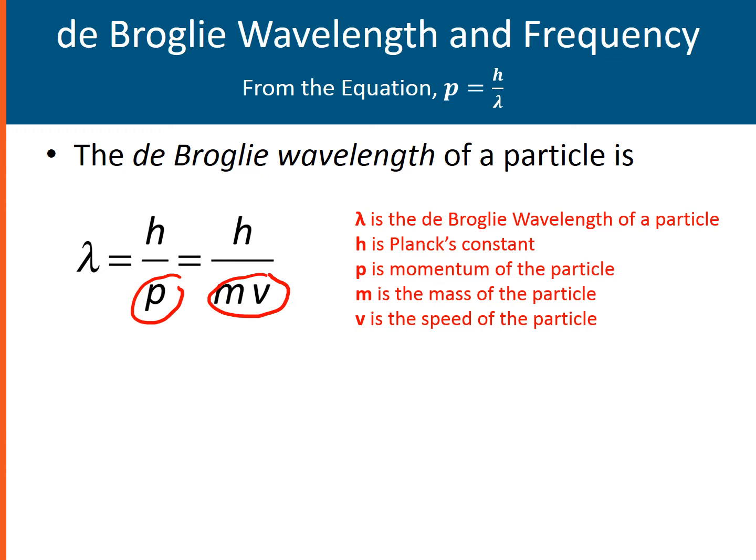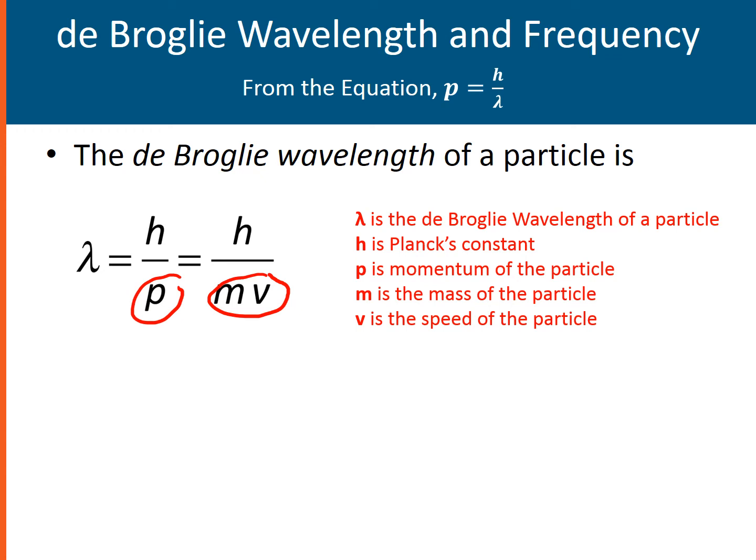Further, de Broglie postulated that the frequencies of matter waves, that is, waves associated with particles having non-zero rest energy, also obey Einstein's relationship for photons. So when we talk about matter waves, for example, when electrons behave as a wave, then we call them matter waves.